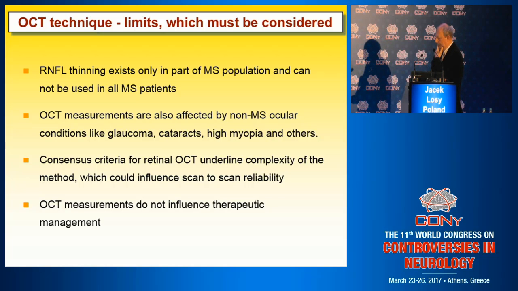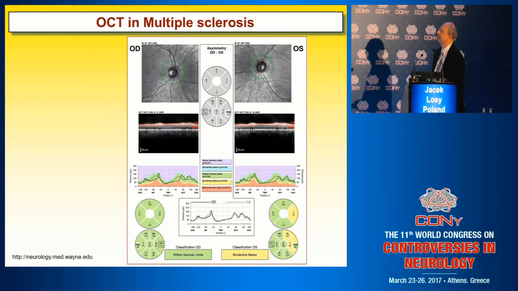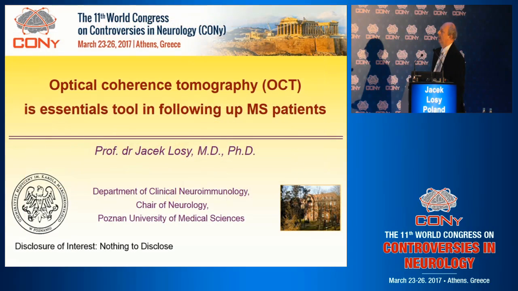And the question from the beginning, which I want to remind you of, the question for this topic: is optical coherence tomography an essential tool in following up MS patients? I can agree that it is a good tool and we can definitely use it in follow-up of MS patients, but I don't think personally, and I think you can agree, that this is an essential tool.